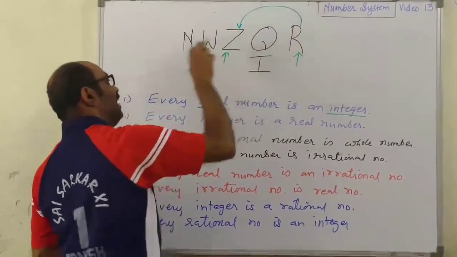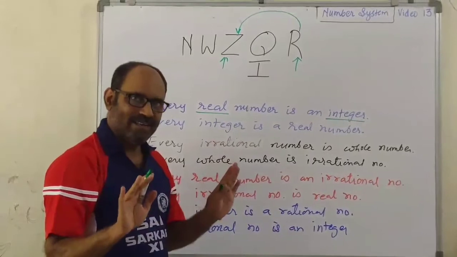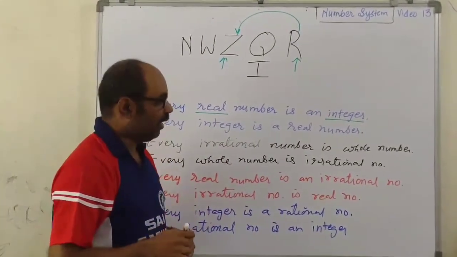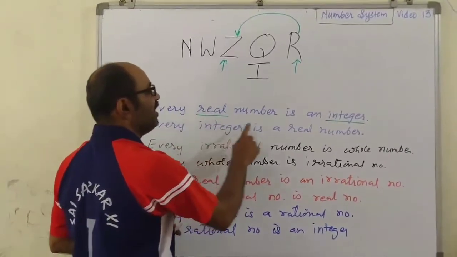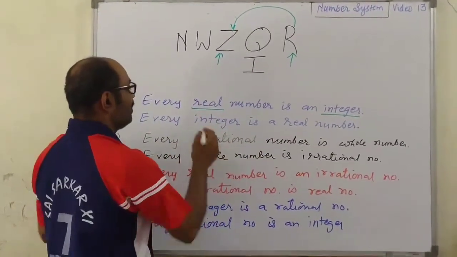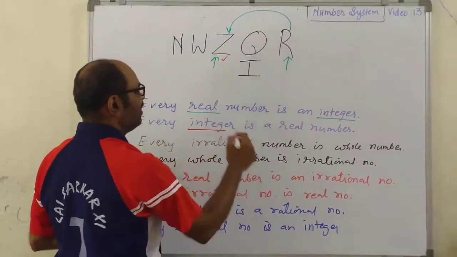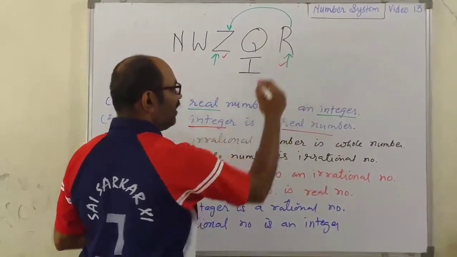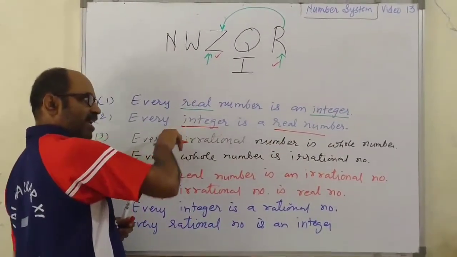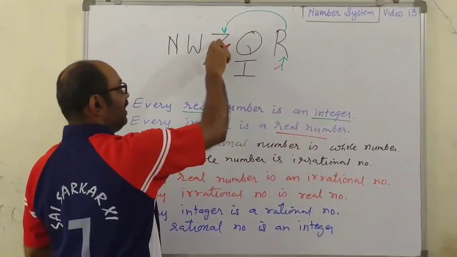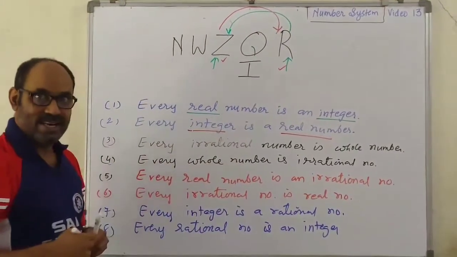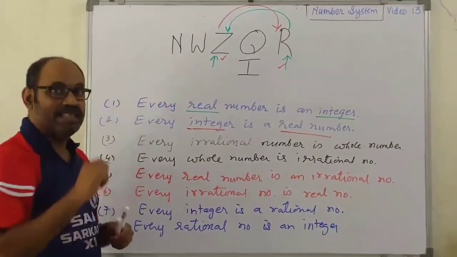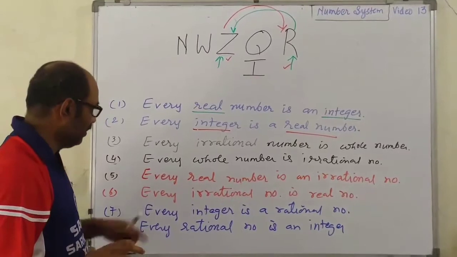Alright, done that? Fine. Next. Every integer is a real number. This time you have integer here, real number here. Just put that arrow. Next.